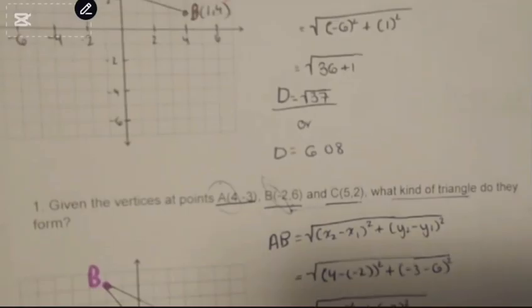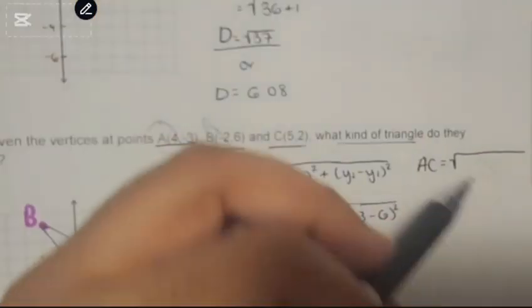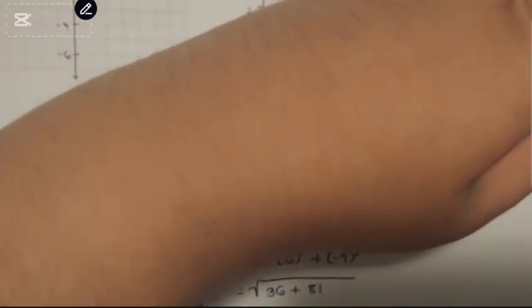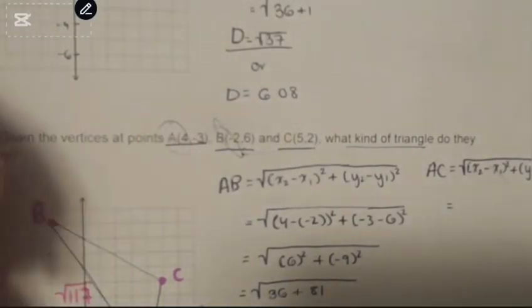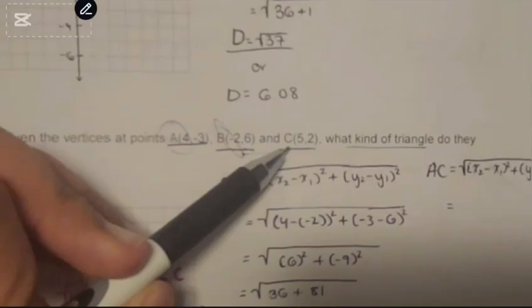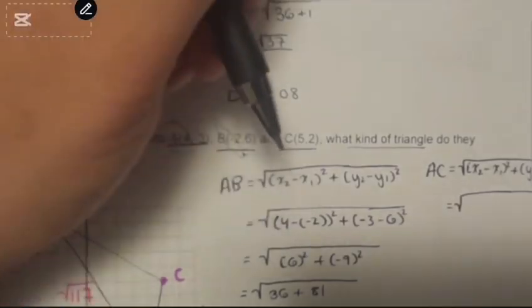Now let's find the distance between A and C. We're going to put the equation again, keeping A as x2, y2, and C as x1, y1. So x2 is 4 minus 5 squared, plus y2, which is negative 3 minus 2 squared.